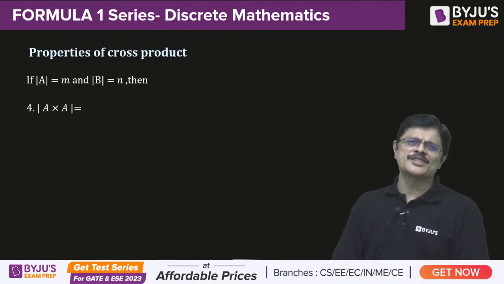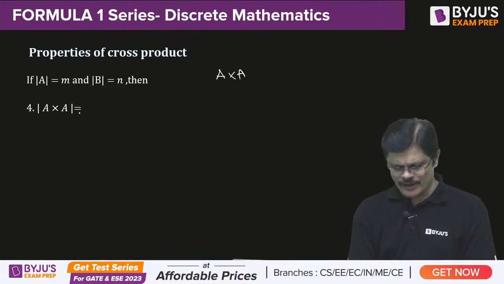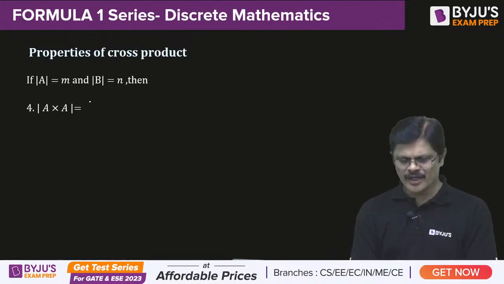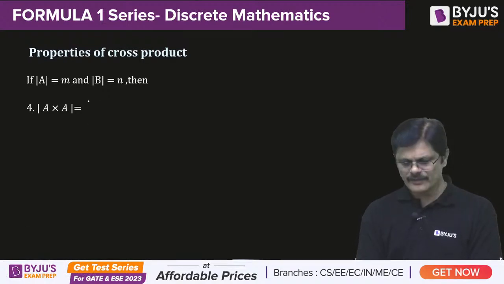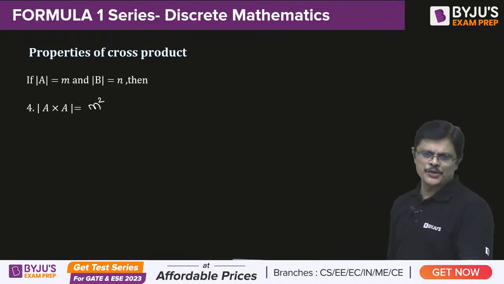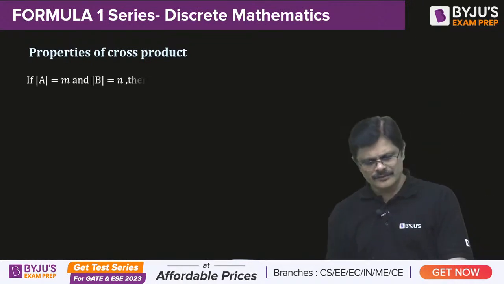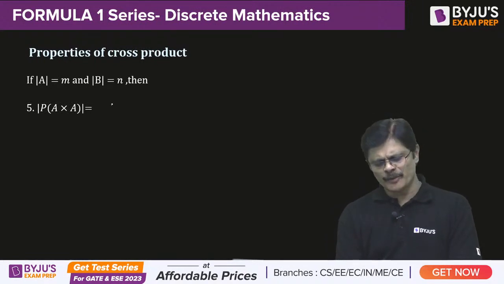Same, number of subsets of A cross A. See, first of all, A cross A contains how many elements? M square. And the number of elements in the power set of A cross A would be 2 power M square.